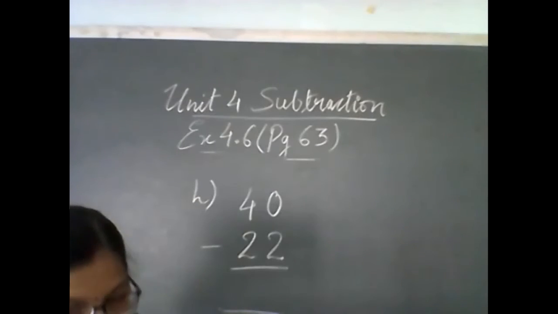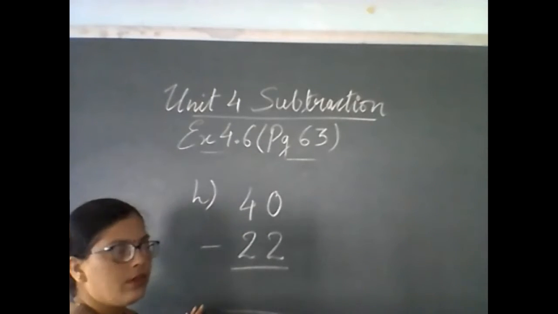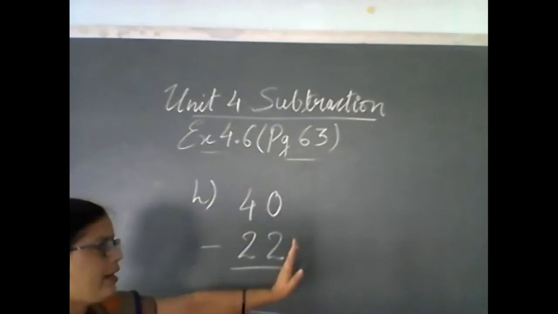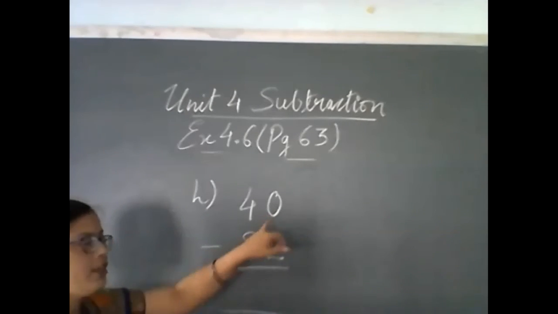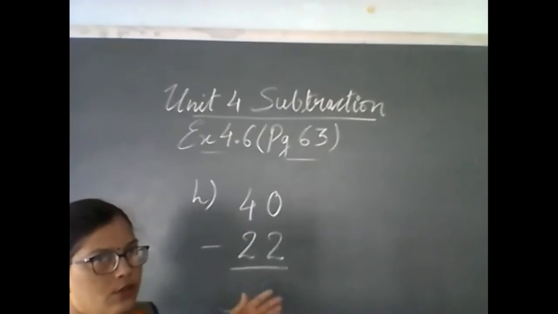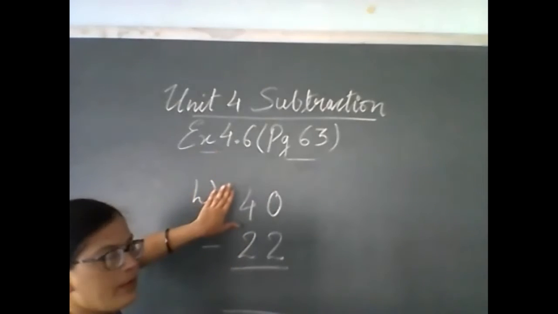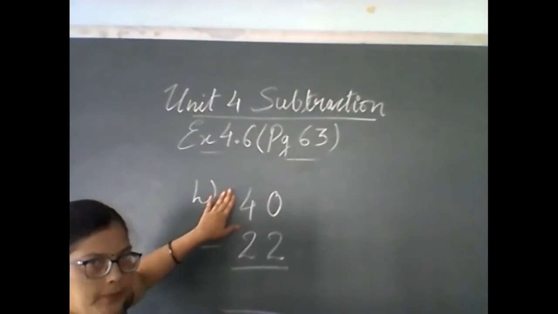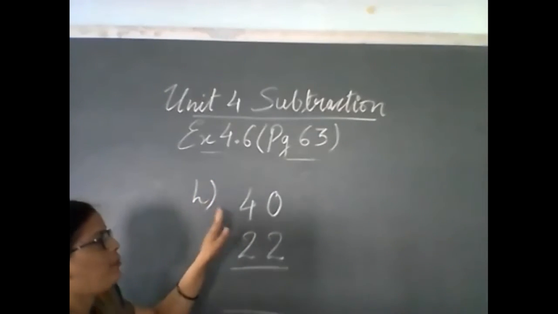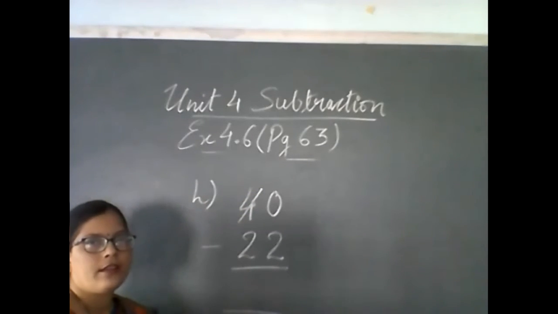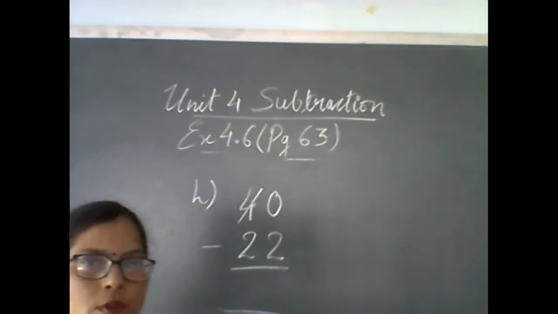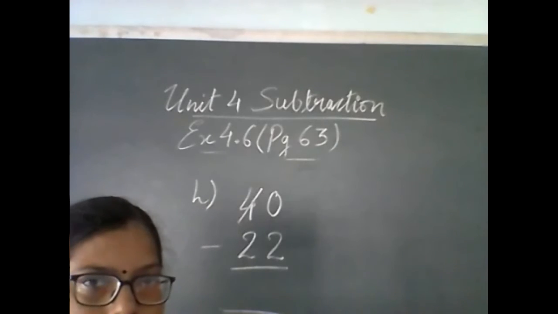Okay. 40 minus 22. So, we'll subtract the ones place first. What do we have at ones place? We have to take away 2 from 0. We cannot subtract. So, to subtract, we need to borrow from tens place. Okay. So, when we borrow 1 from 4, what is left behind?